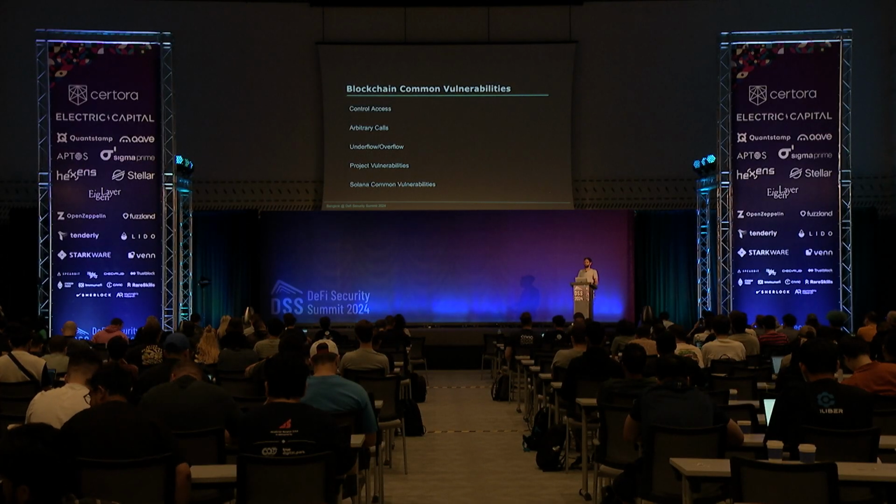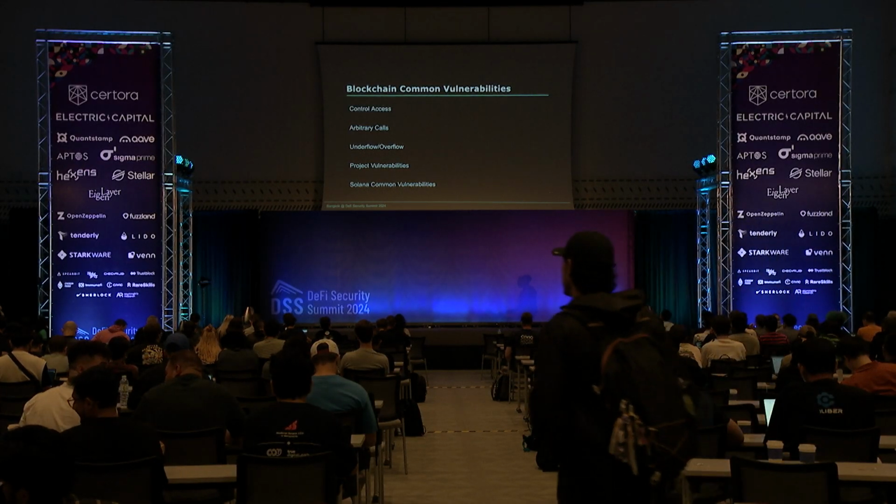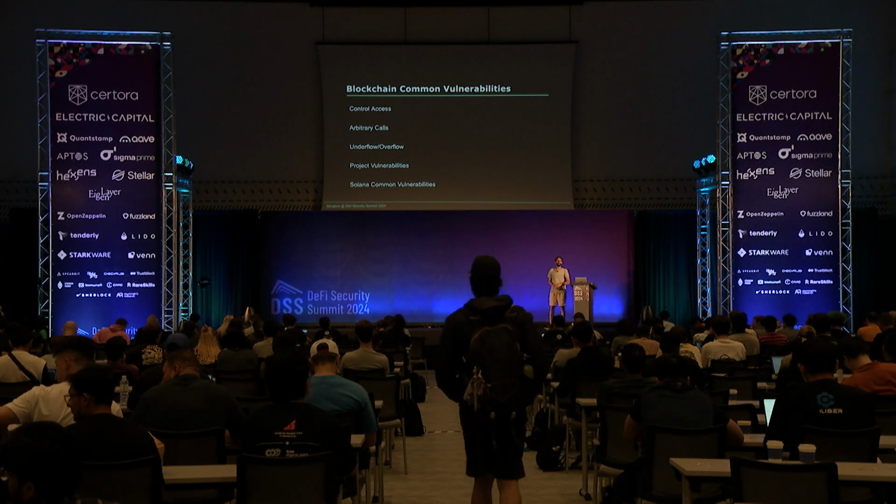In Rust, we also have underflow and overflow. In most of the code, we are converting all the values and checking that we don't have any kind of this issue. And then we also have project vulnerabilities. Like in a lending project, you usually have a bad liquidation issue, and these kinds of logic issues we can also find in Solana programs.